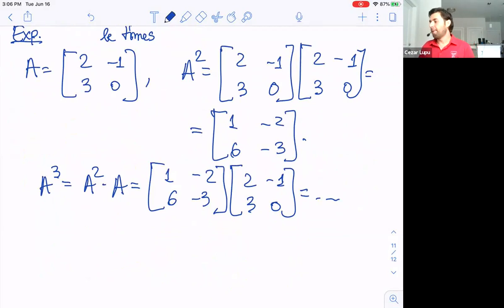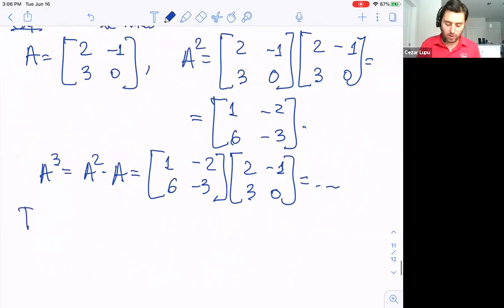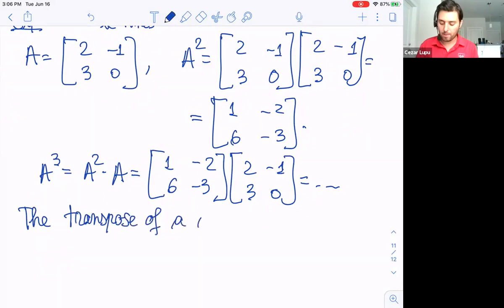All right, now another matrix I want to talk about is the transpose of a matrix.